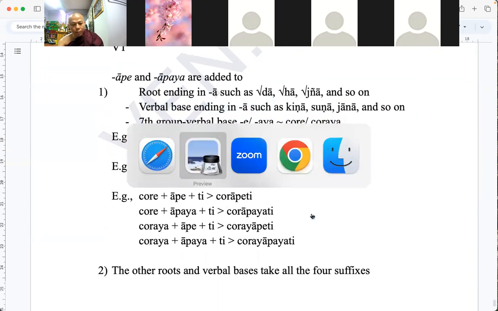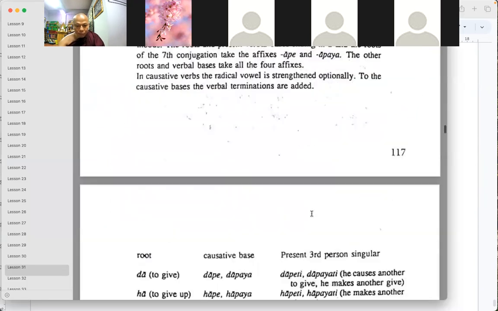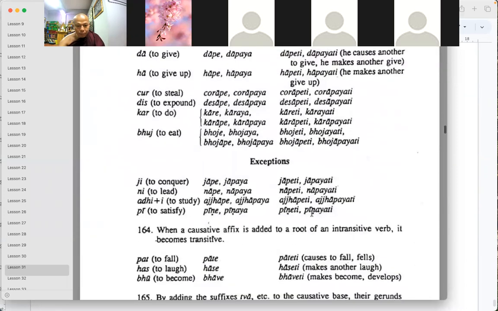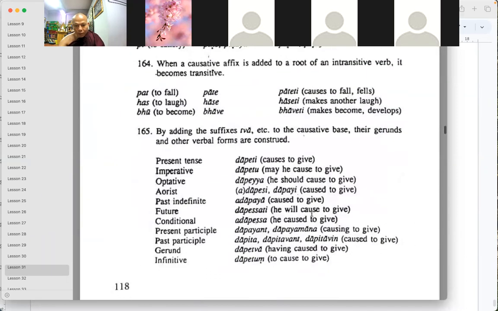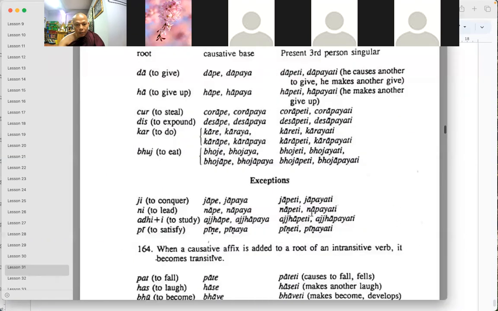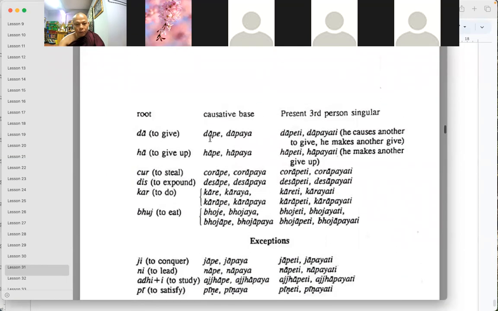For that information, here you see the examples. The first is rudapeti: he causes another one to give. Ha is to give birth: hapeyya, he makes another give up.